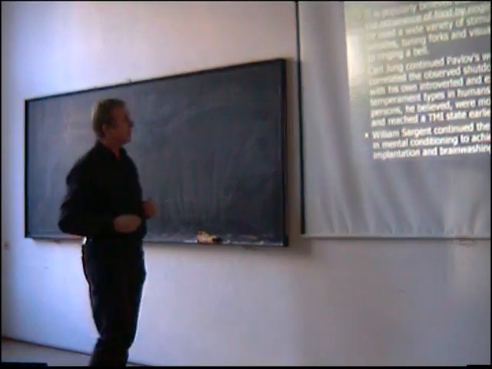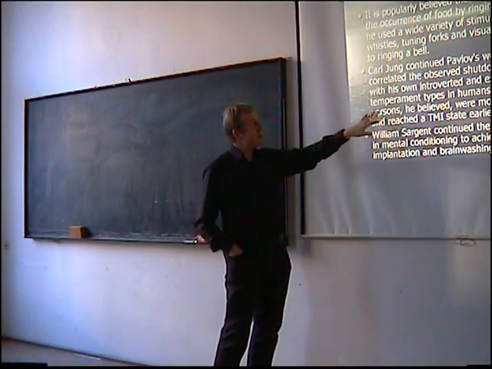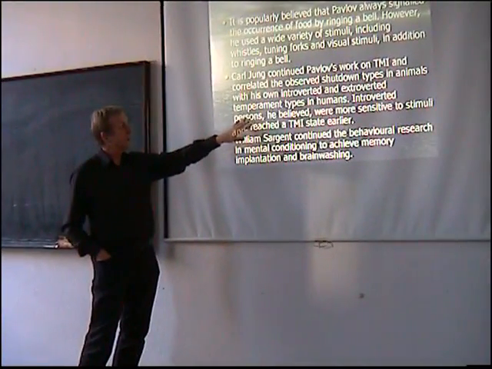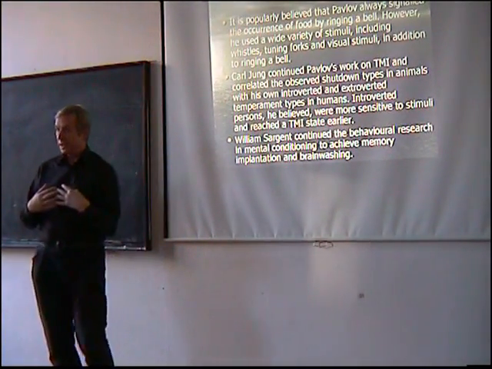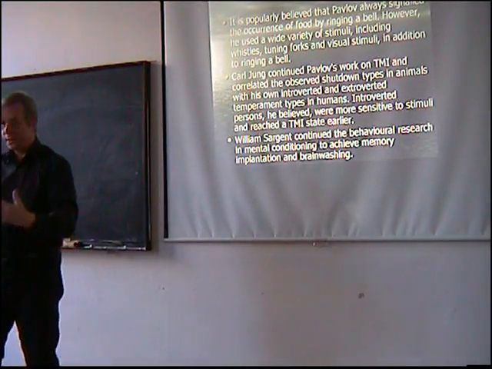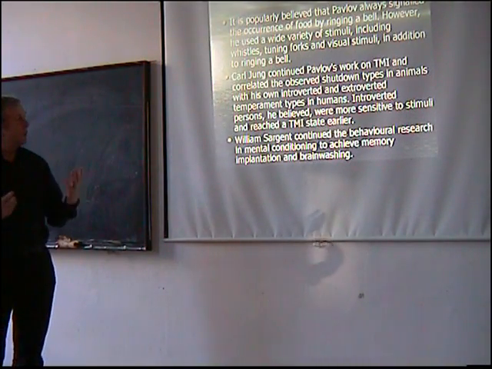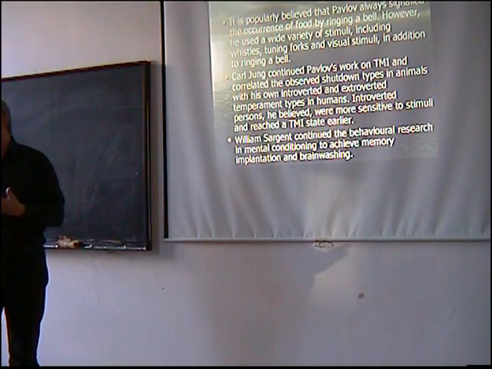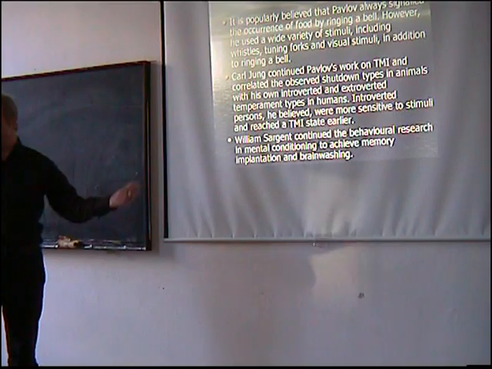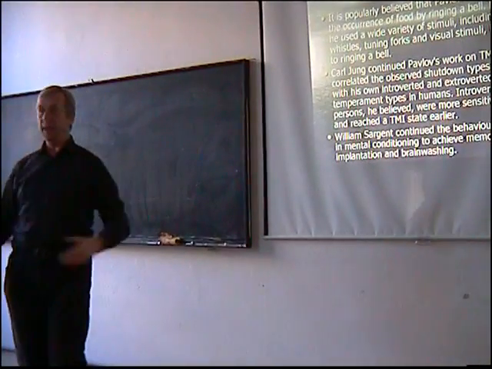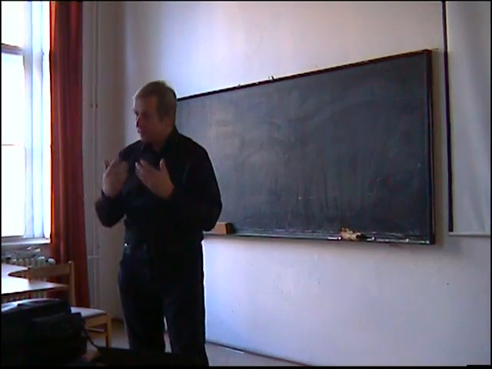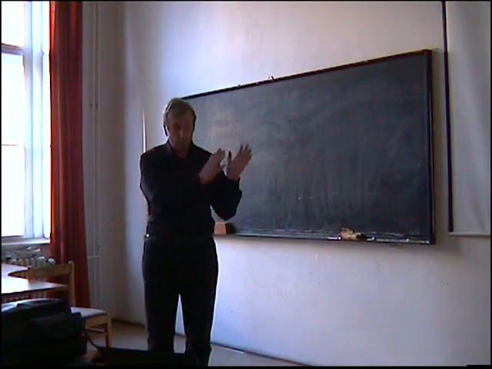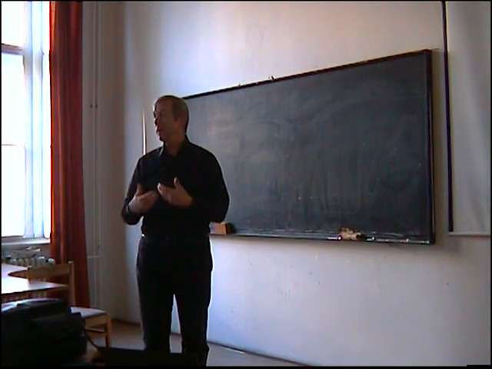And his results, he felt, showed that introverted persons, people who are quiet and don't say so much and so on, were much more sensitive to stimuli. In other words, they didn't put up with the pain and stress so much as extroverted people who go around, hey, hello, how are you, that sort of thing. For some reason, from what Jung said, extroverts seemed to be better at dealing with pain and stress.